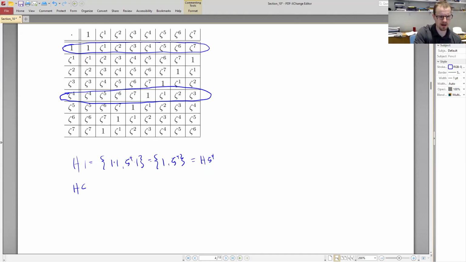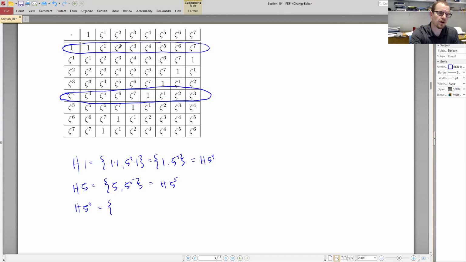So multiplying on the right by zeta. I'm not going to write it out each time. So multiplying by zeta is going to give us zeta to the 1st and zeta to the 5th. So zeta and zeta to the 5th, which is the same as multiplying by zeta to the 5th. I can multiply on the right by zeta squared.